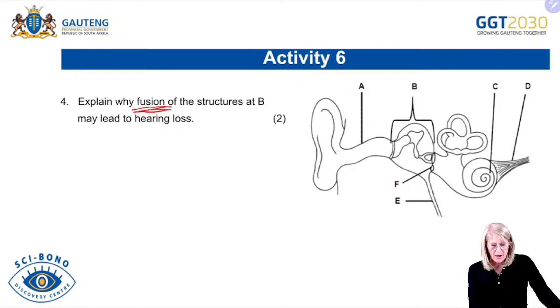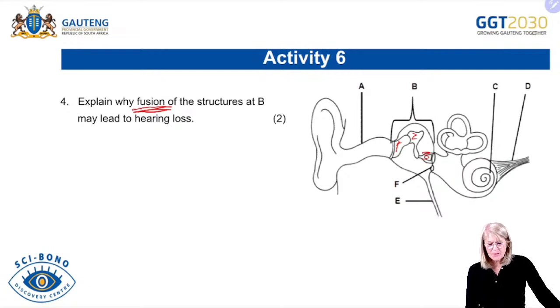All right, so they're asking us to explain why. It's an explain kind of question, so we can't just name. They want to know about fusion of the structures at B. If we have a look at the structures at B, we know those are our 3 ossicles. This is number 1, that's number 2, and this is our 3rd one. So why would they lead to hearing loss?